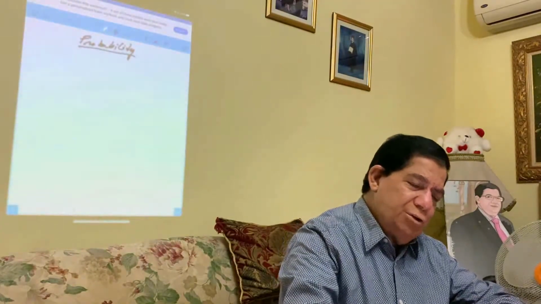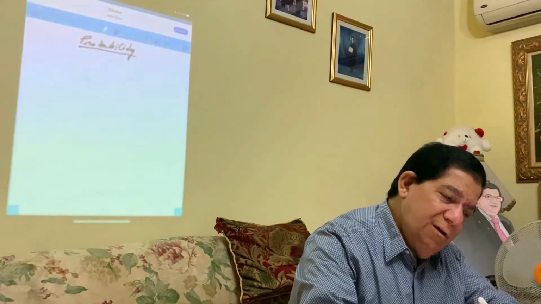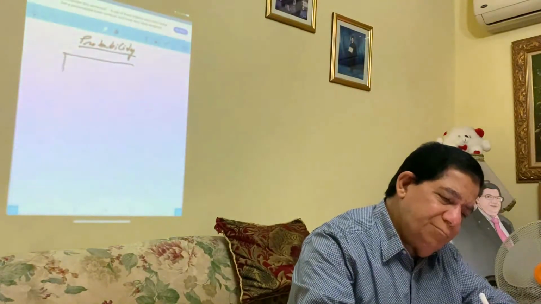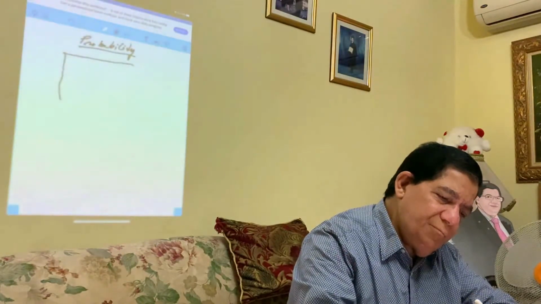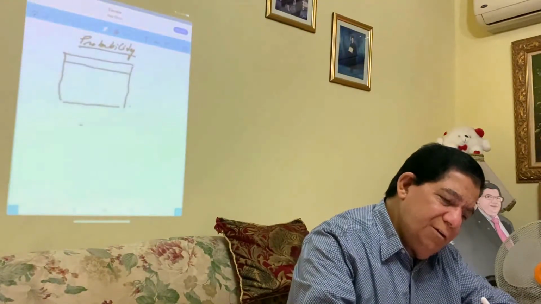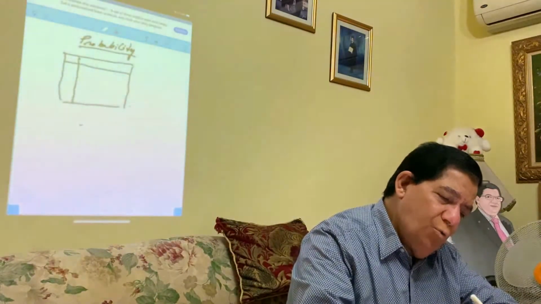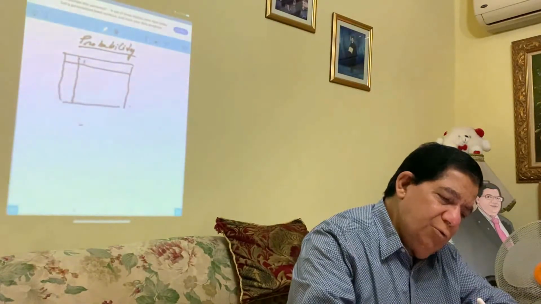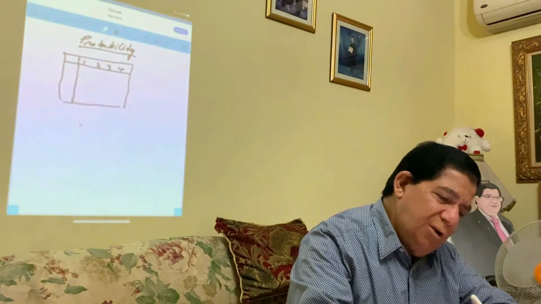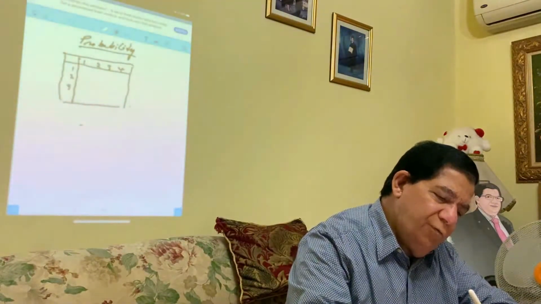Maybe it is possible now that you make this in a table. The first die can show 1, 2, 3, 4. And the second one can show 1, 2, 3, 4.